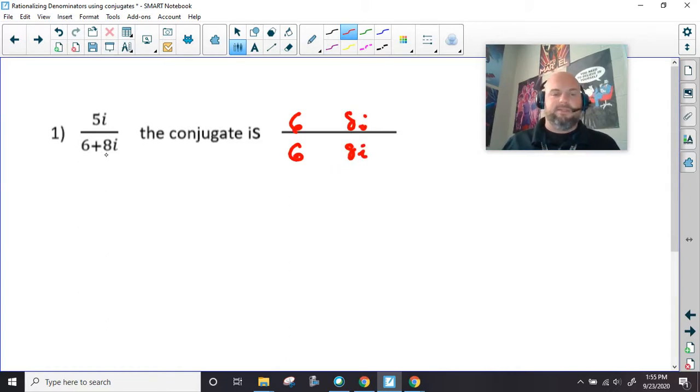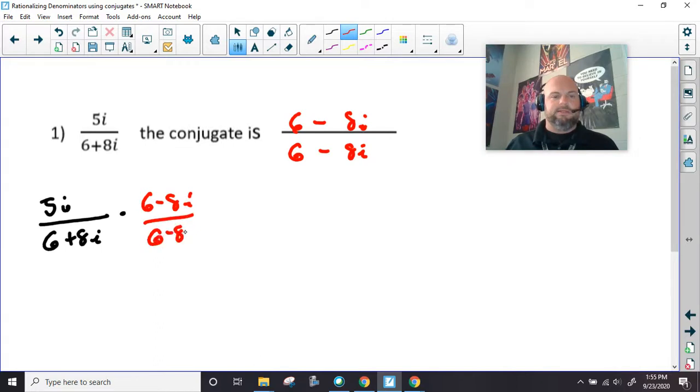If this is a plus, this has to become a minus. So if we were setting this up, times 6 minus 8i.